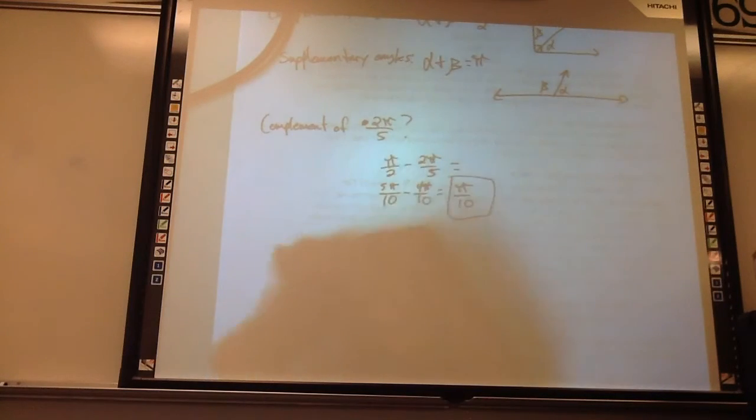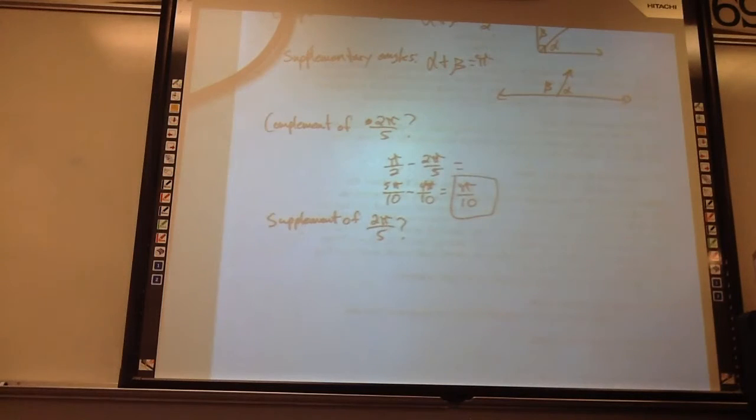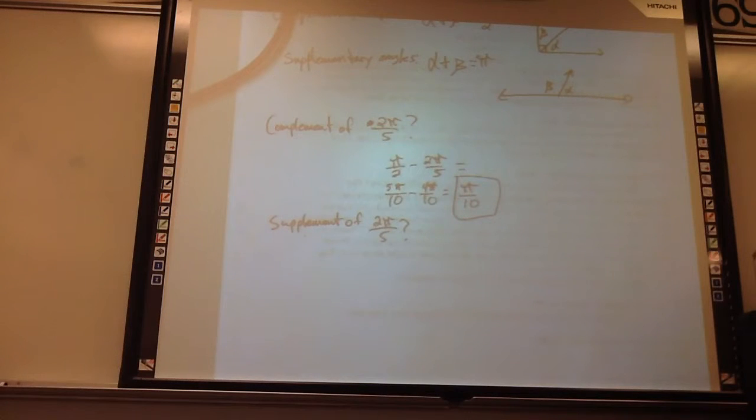What's the supplement of 2 pi over 5? Pi minus 2 pi over 5. If I said what's the supplement of 37 degrees, what would you have to do? 180 minus 37. So you have to do pi minus 2 pi over 5.